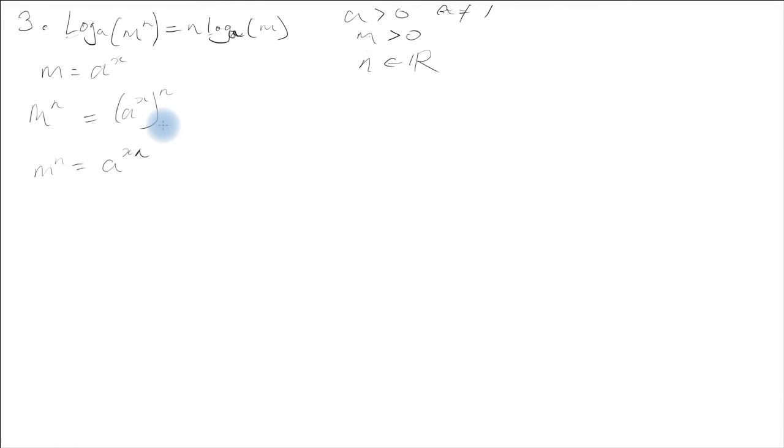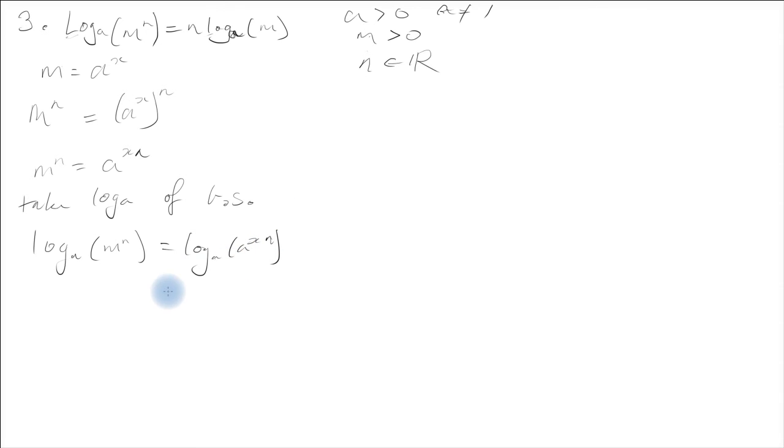So next we're going to take log to the base a of both sides. So that gives us log to the base a of m to the power n equals log to the base a of a to the power xn.